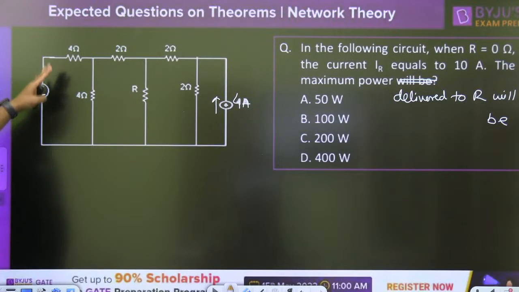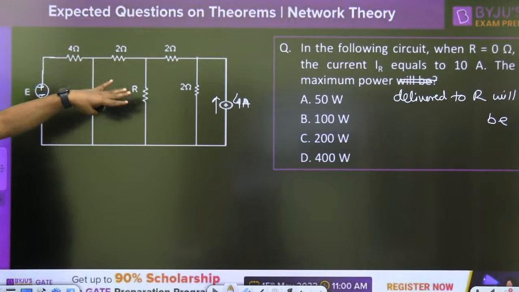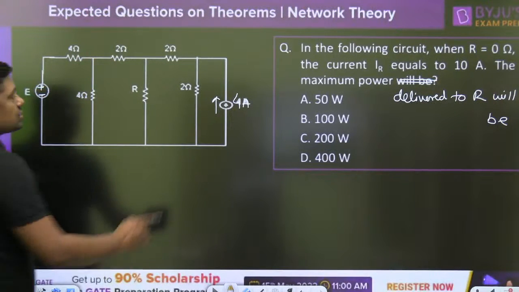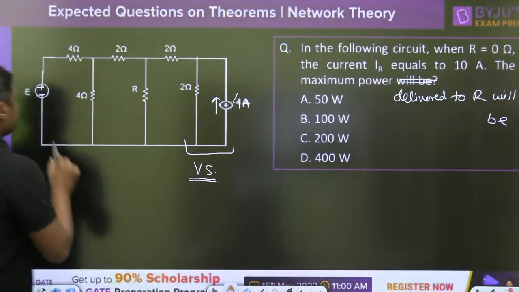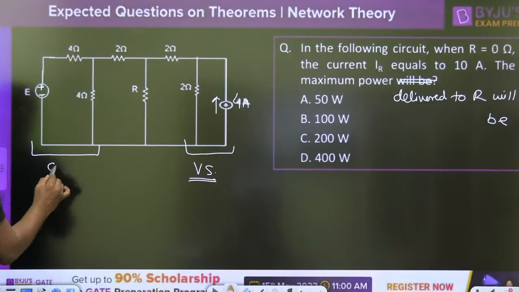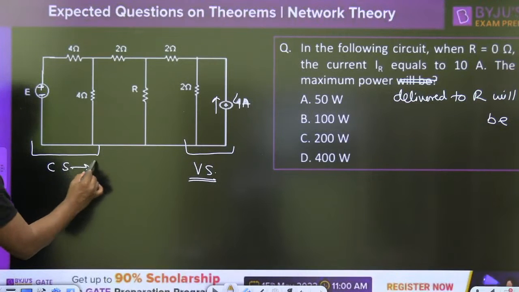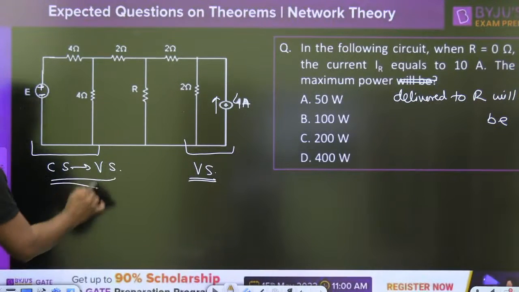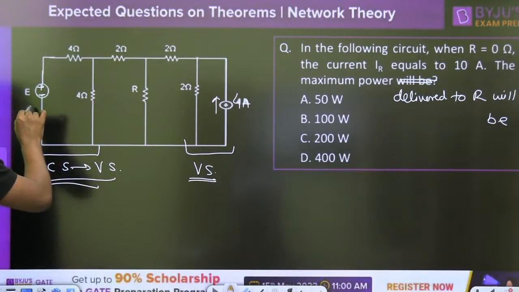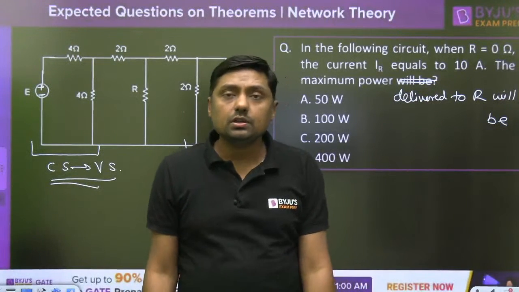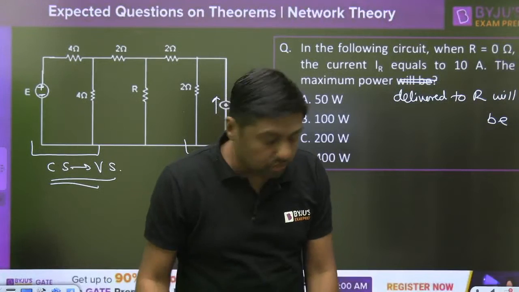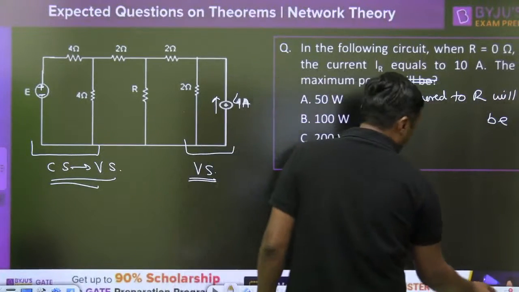Simply, first of all convert the voltage source into a current source and again into a voltage source, or this current source into a voltage source, and this voltage source into a current source, and then again into a voltage source. Make it short circuit, get the value of E, and then apply the maximum power transfer theorem.